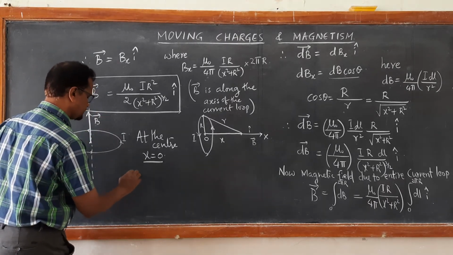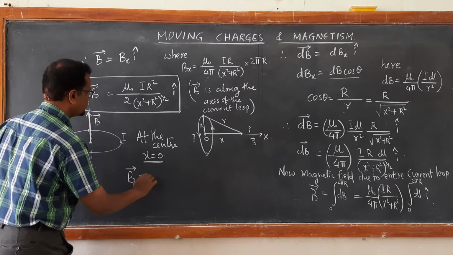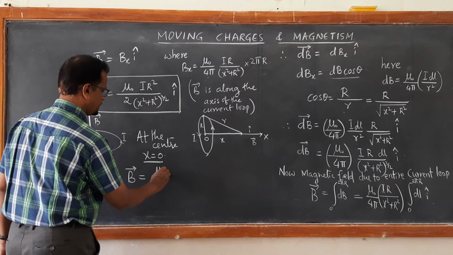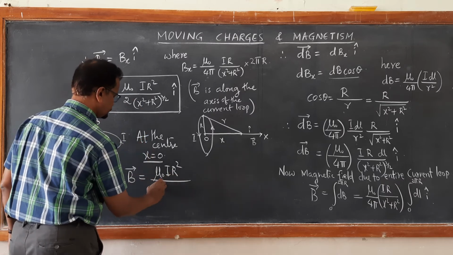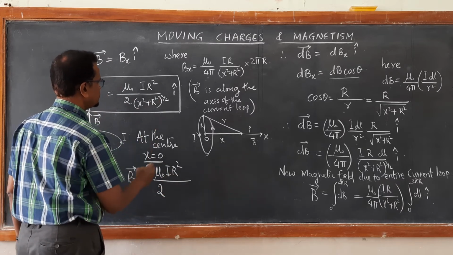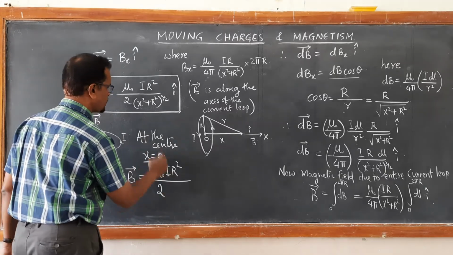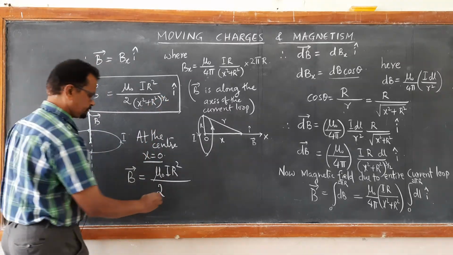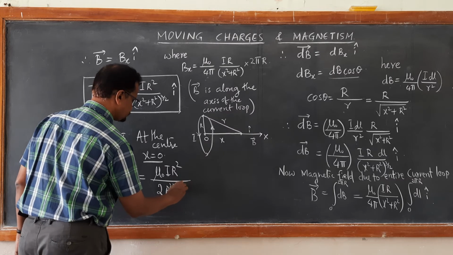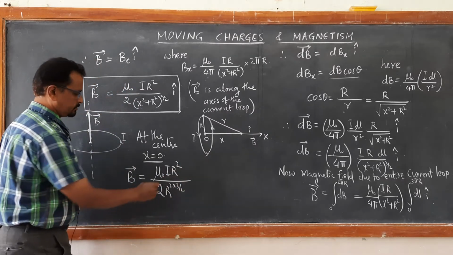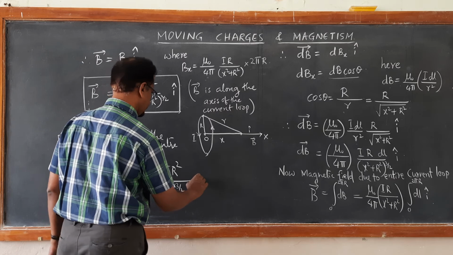Then magnetic field at the center becomes mu naught I r square whole divided by 2 into, x becomes 0, r square raised to 3 by 2, 2 cancels, so you are left with r cube.